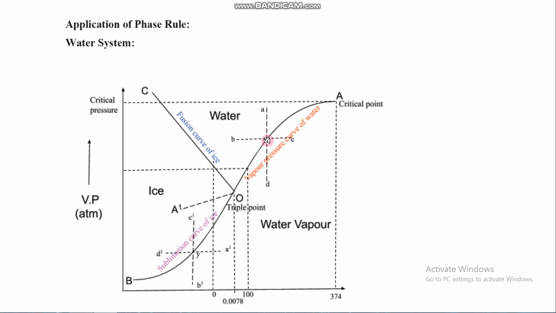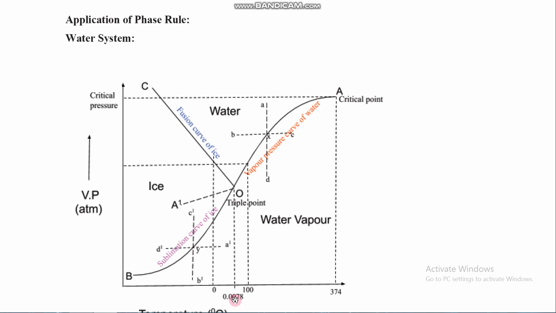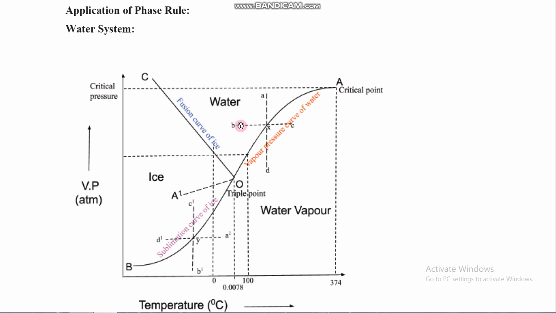Again, from point X, now pressure is kept constant and temperature is decreased. Here, this is the temperature. So temperature is decreased. What happened? Then vapor is converted to the liquid state.